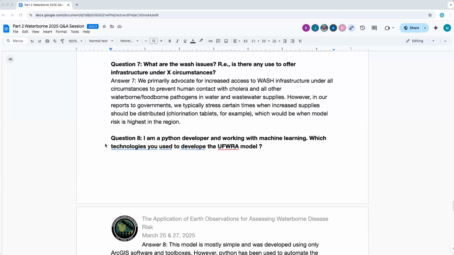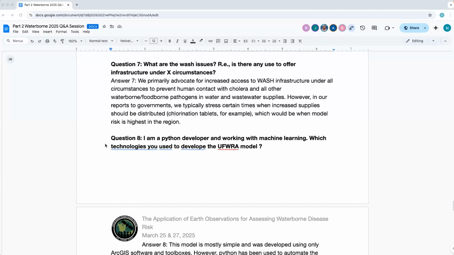However, obviously the reality of the situation is these resources can't be allocated year round and they can't always be available for everyone all over the world. And so what we typically recommend in our reports is that there are certain times when the risk is high, that supply should be distributed more thoroughly.